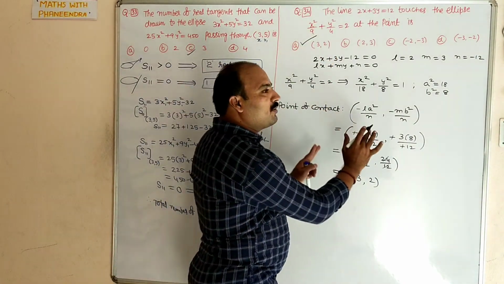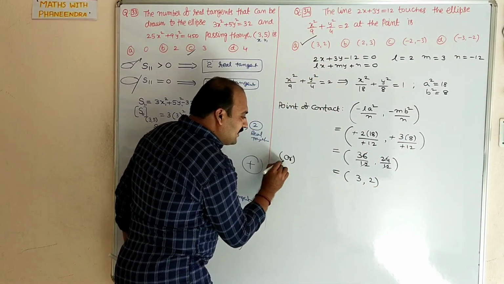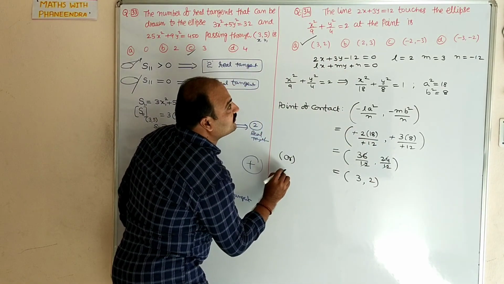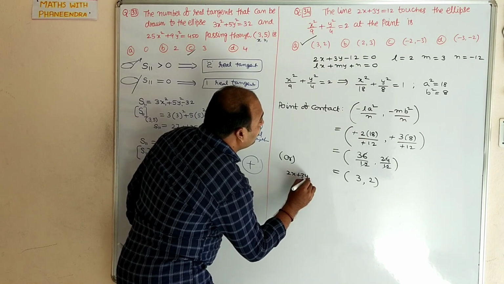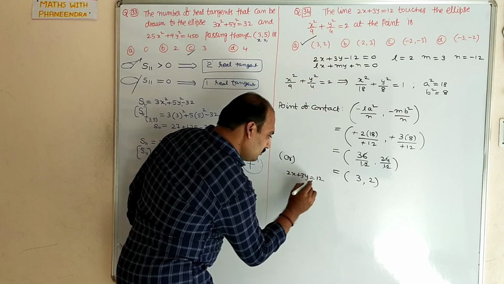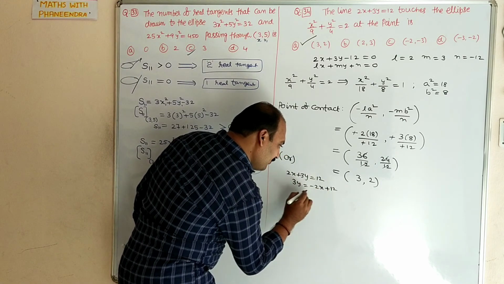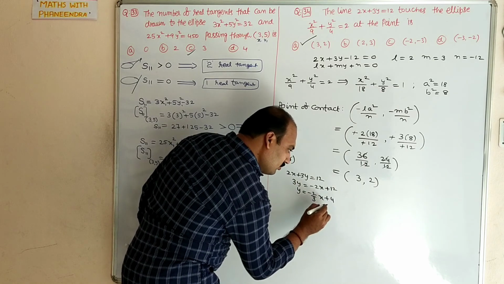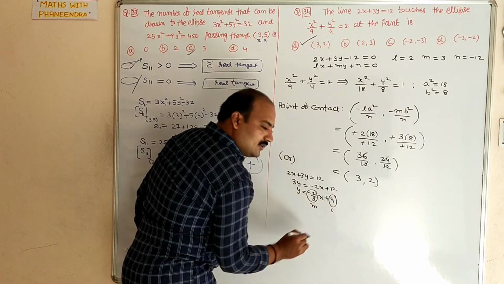Suppose you do not remember, I am giving an alternate method: convert the given line into y equal to mx plus c form. So 2x plus 3y equal to 12, 3y is equal to minus 2x plus 12, y is equal to minus 2 by 3 x plus 4. This is m, this is c.